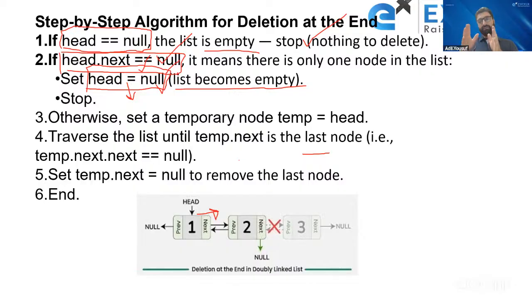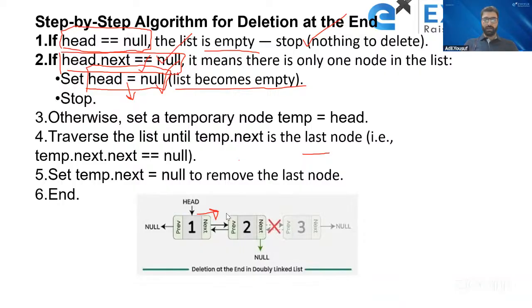So for that, like previously, we use a temp variable, or a temporary pointer, starting at head, and we will keep moving temp forward, temp dot next, temp dot next, until temp dot next is equal to null, right?